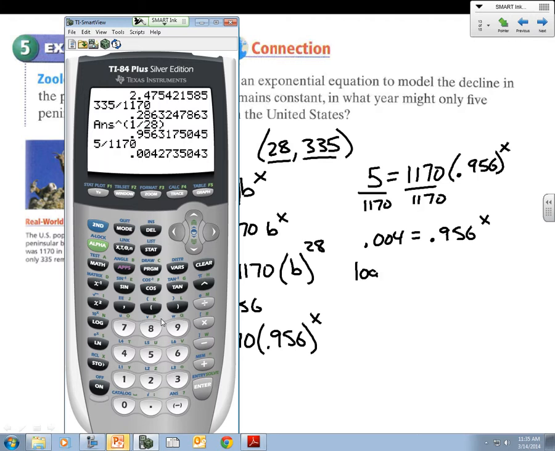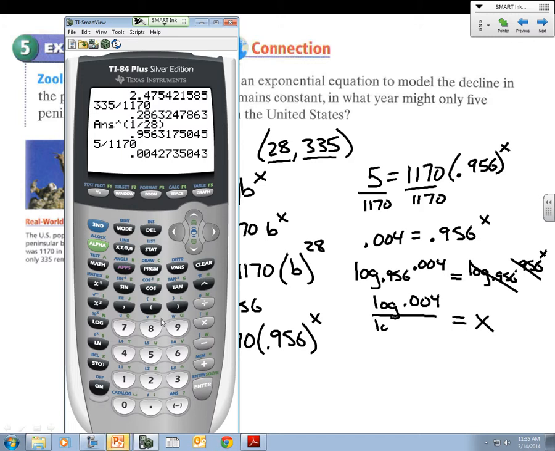We need to do log base 0.956 of both sides equals log base 0.956 of 0.956 to the x. And all this stuff cancels away and we're just left with x equals, we'll do change of base. Log base 10 of 0.004 divided by log base 10 of 0.956. And if we can plug this into our calculator, we're going to be in business.